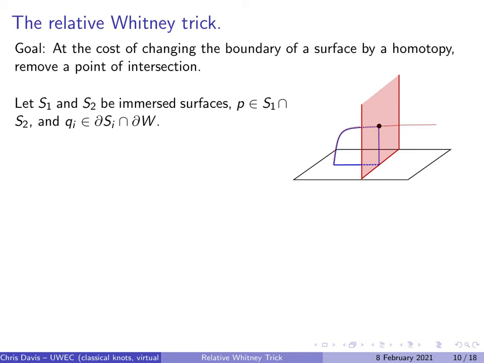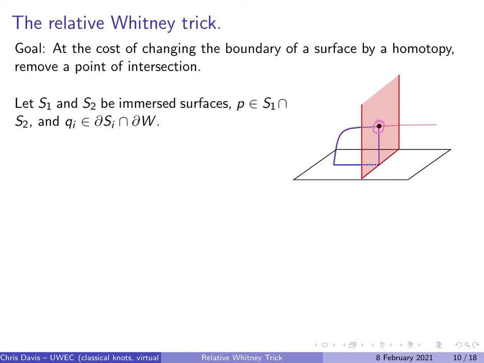So let's give this relative generalization. Here's the idea. I want to get rid of a single point of intersection between two surfaces at the possible cost of changing the boundary of these surfaces by a homotopy. Well, let's give the setup.